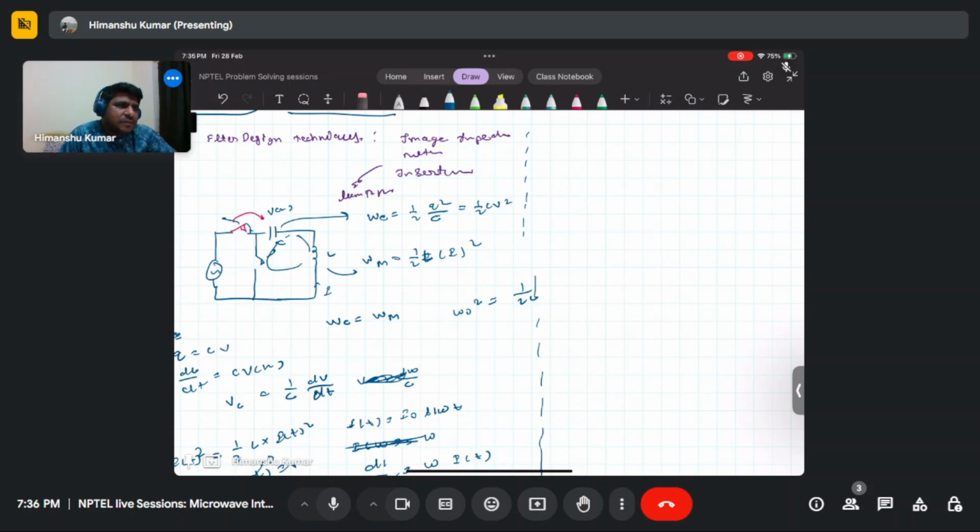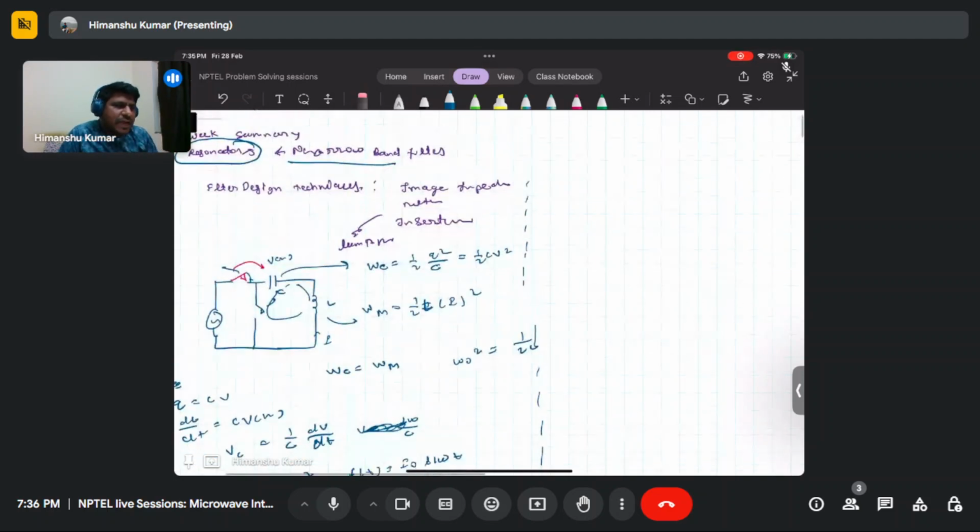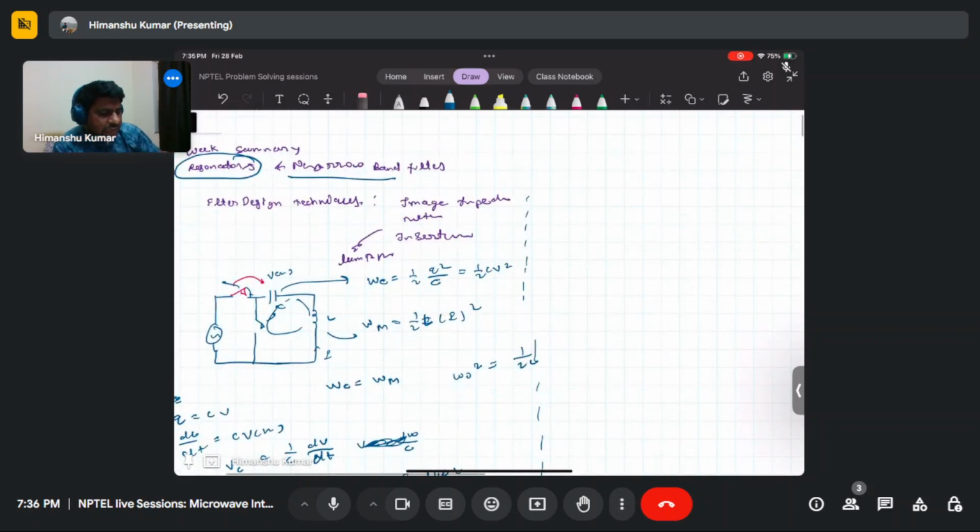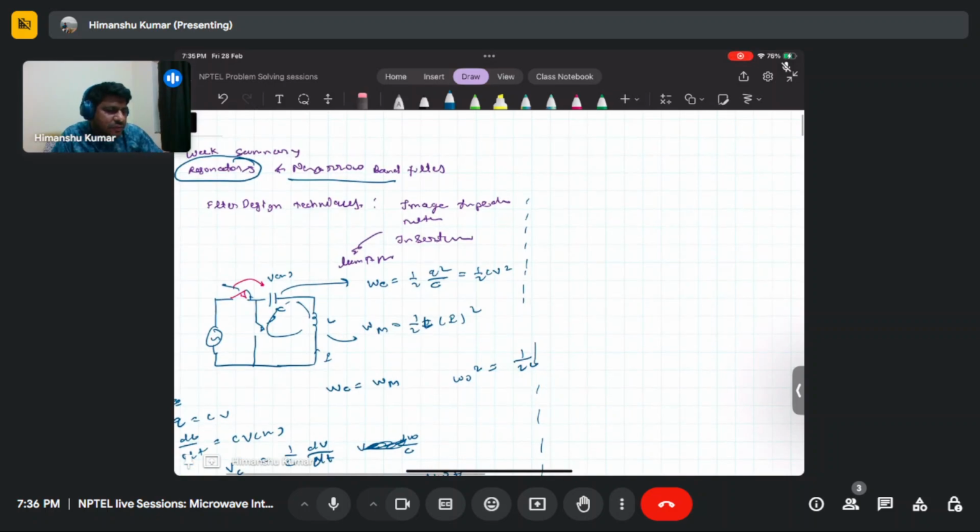Let me just open my notes. Yeah. So basically, these different kinds of band stop and different kinds of filters you can design based on the parallel microstrip lines.